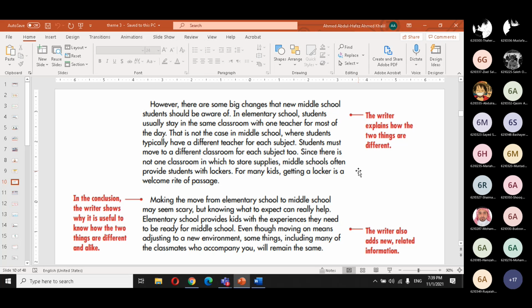Remember the class teacher who teaches most of the subjects. That's not the case in middle school, where students typically have a different teacher for each subject. In intermediate school, you have an Arabic teacher, English teacher, science teacher. There is a teacher for each subject. But in the first years of primary school, you have one teacher. So this is one of the differences.